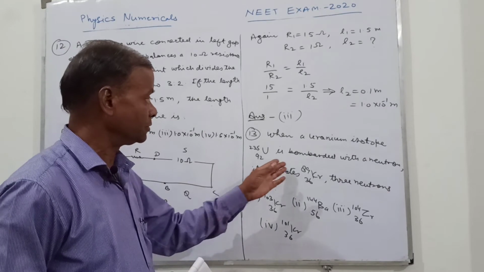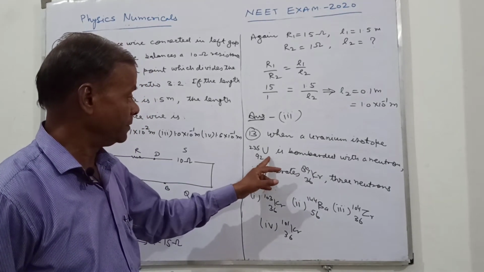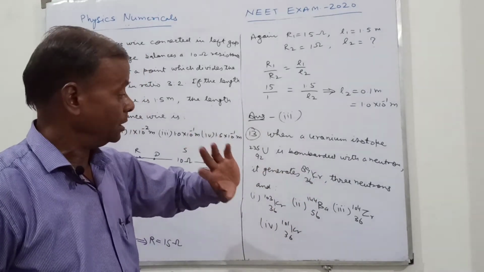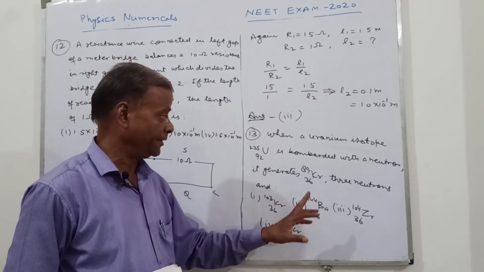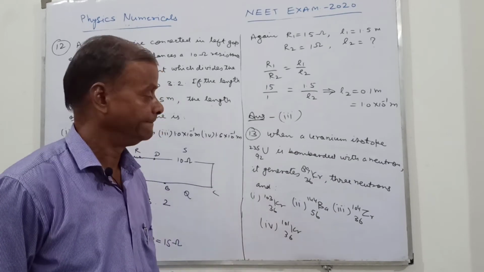You must know about nuclear fission. When uranium-92-235 is bombarded with the neutron, it splits into krypton and barium, with the emission of 3 neutrons plus the energy.